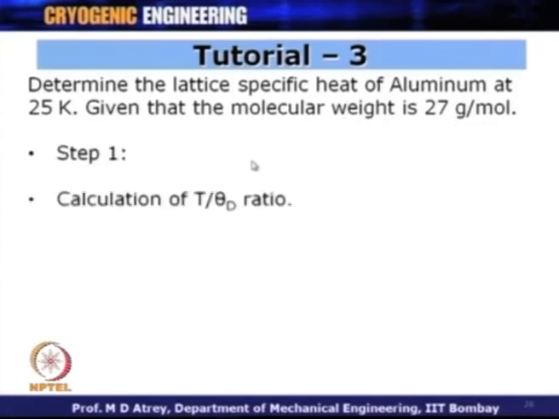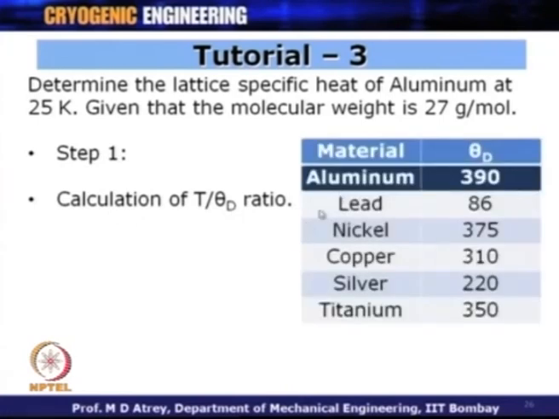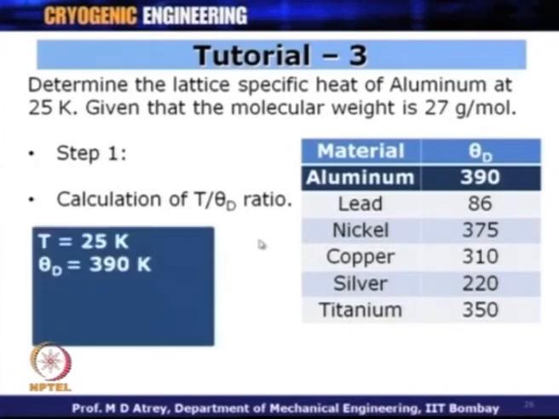Again, going by step 1, I am going to calculate the T by theta d. So, what is T by theta d ratio? For which I have to know the theta d value or the Debye temperature for aluminum, which is 390. The Debye temperature for aluminum is 390, and therefore T by theta d is going to be 25 upon 390, which is 0.0641.